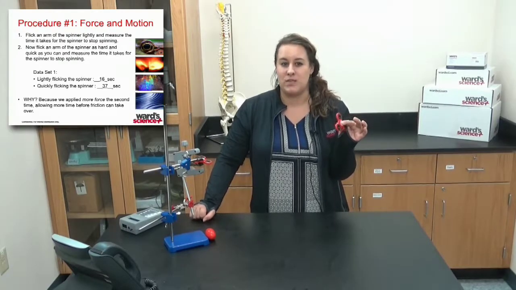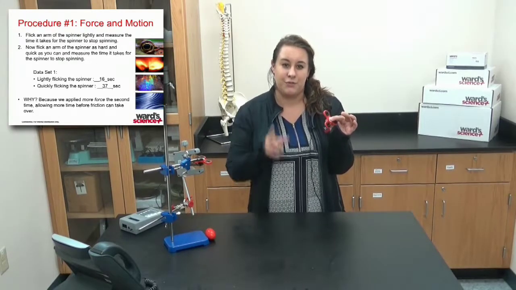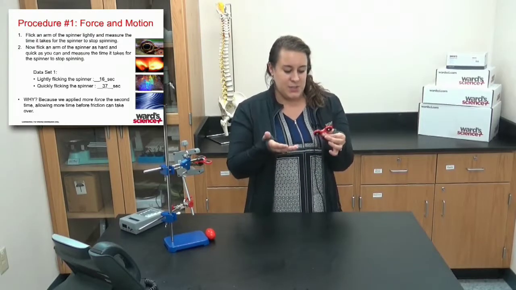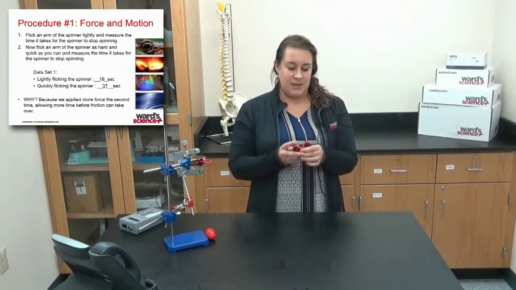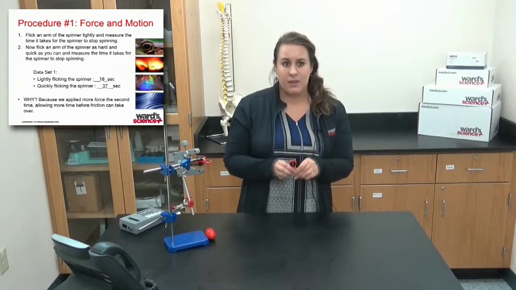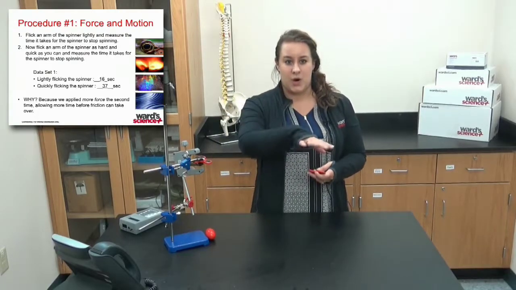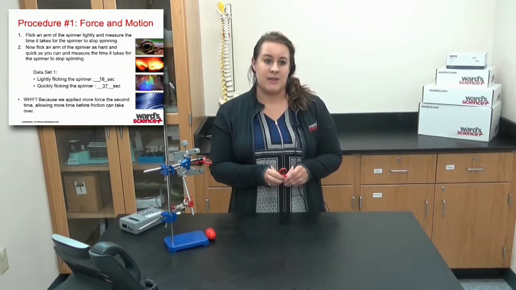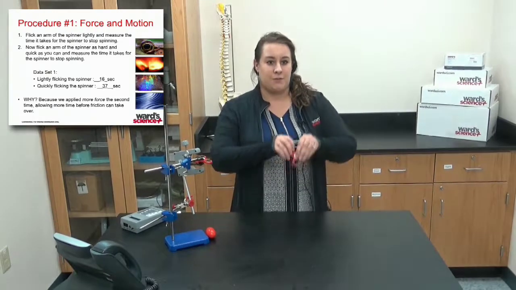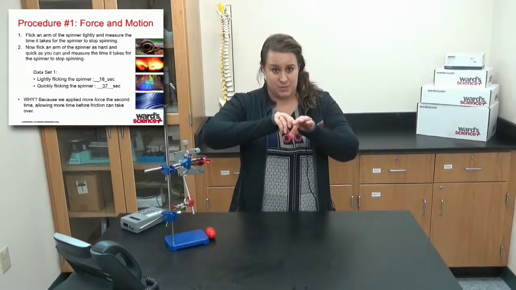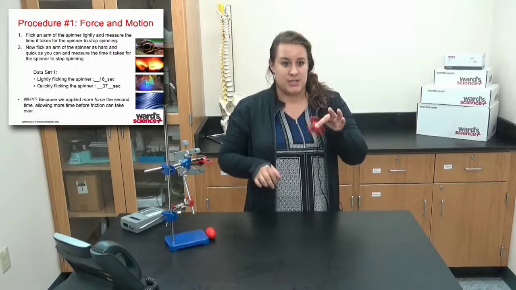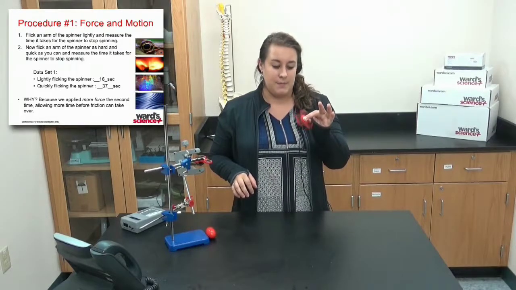Earlier mine was about 16 seconds when you flick it lightly. And this was probably about 12. I flicked it way later this time. So the students would record their data there. And then the second time, you'll want to flick it as hard as possible and then measure the time for the spinner to stop.